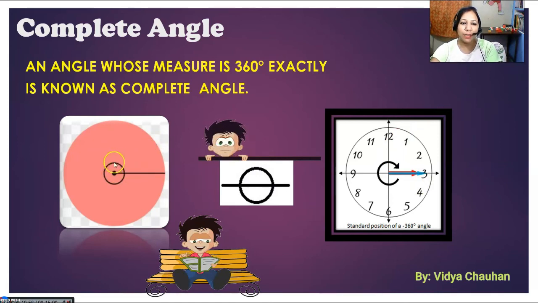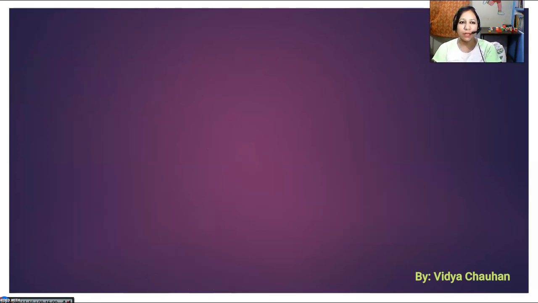When you take a complete round and reach the same initial point, that means you have covered a complete angle portion which is 360 degrees. The needles of our clock also reach the same point from which they started. So these are examples of a complete angle.